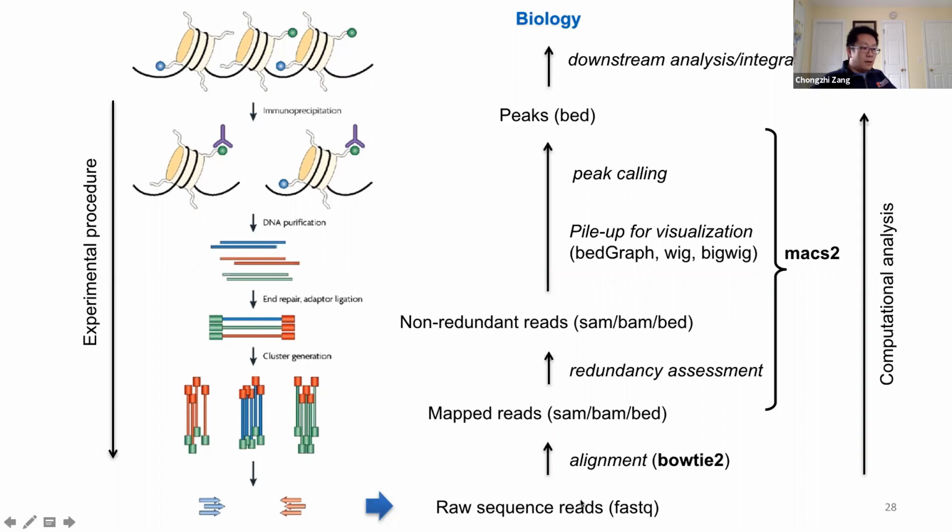So now I'll briefly mention the first step after we got the raw sequencing data from the sequencing machine. We have the FASTQ raw sequence reads.